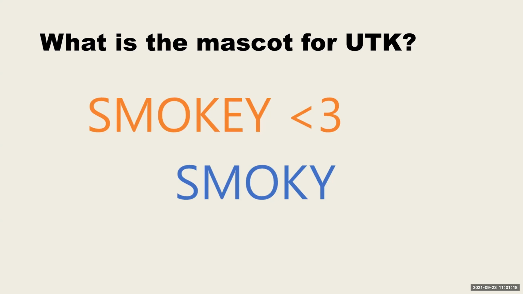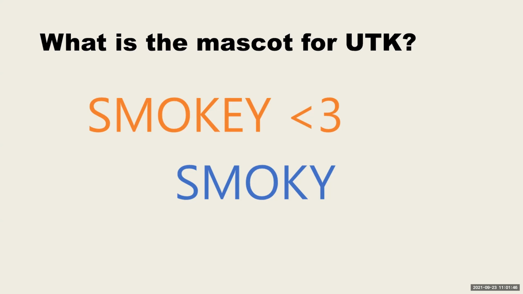Now, the great thing about this, and I don't have the back end of this up, is that on the back end, I can actually have it check for correct answers in these short answer questions, and I can have it accept common misspellings. So I have it set up in the background with a lot of common misspellings of Smokey with the E, Smokey without the E, and all those different things.